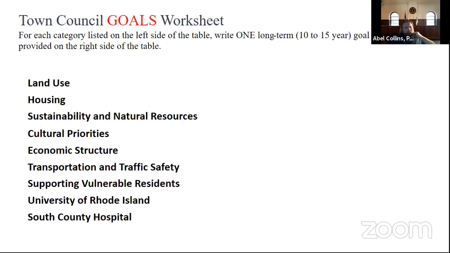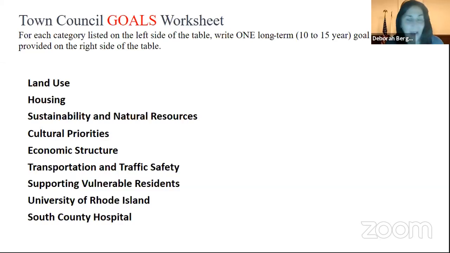I know that we made reference to being a step ahead, or at a bare minimum in line with state policies regarding climate goals and resilience goals. So I think those are still good goals to have.